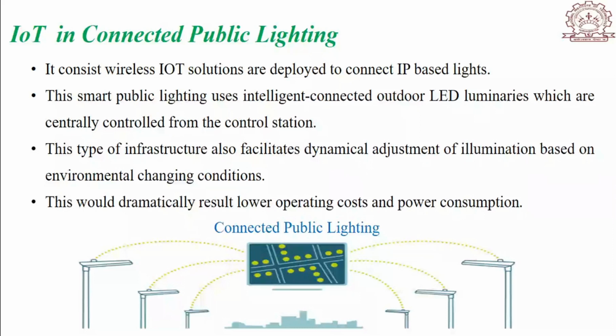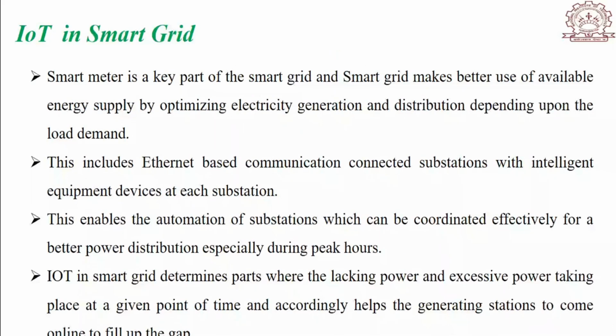So in the smart grid, a smart meter, we have seen, is the key part of the smart grid, and the smart grid makes better use of available energy supply by optimizing electricity generation and distribution depending upon the load demand. This includes Ethernet-based communication, connected substations with intelligent equipment devices at each substation.